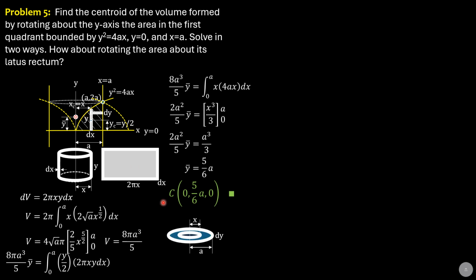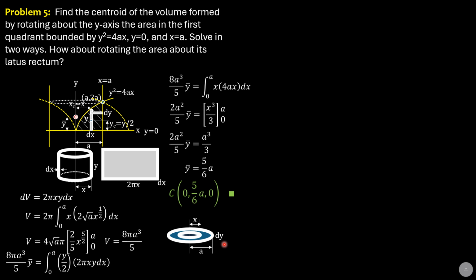So this is the inner radius, which is x, and the outer radius is a, and the volume of this washer is, of course, area of big circle minus area of small circle times thickness.